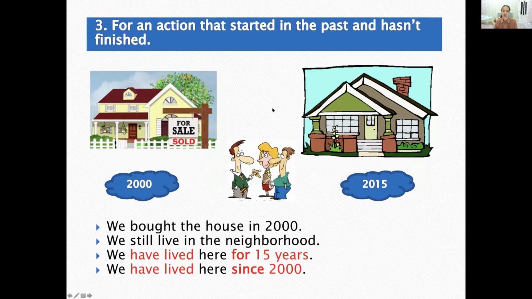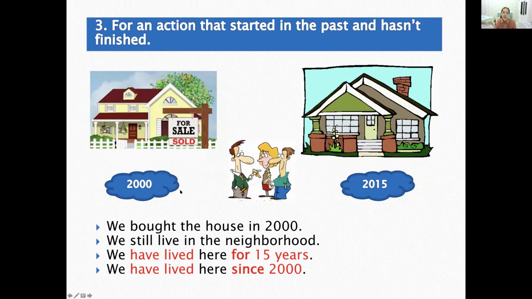So imagine in this picture that the neighbors bought the house in 2000. Yes, the two neighbors, so here two houses, they bought their houses in 2000, and they still live in the neighborhood. They are neighbors, and imagine that it is 2015, and they say that we have lived here for 15 years.